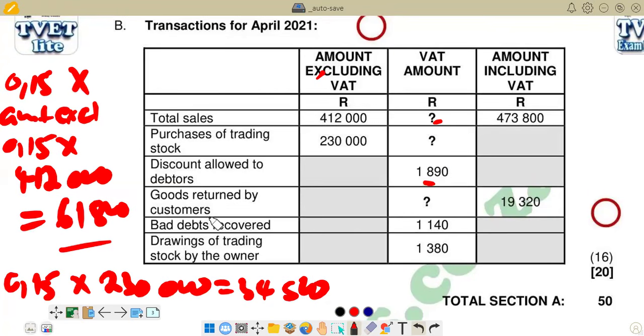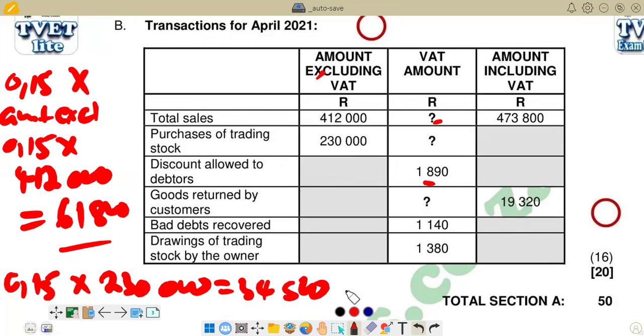So we go back again to check on the next element. We have got goods returned by customers, and we are given the amount including VAT, which is VAT inclusive, but the amount excluding VAT is not there, and the VAT amount again is not there. So what does it mean? It means we cannot use this formula of 0.15 times the amount excluding VAT, because the amount excluding is missing. So what are we supposed to do?